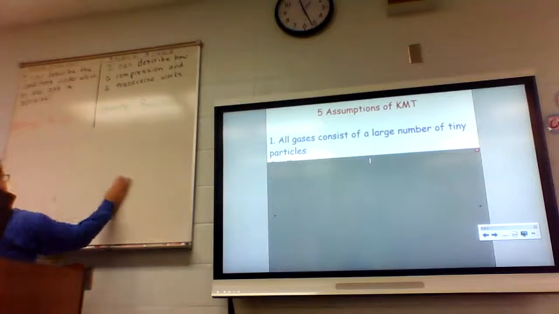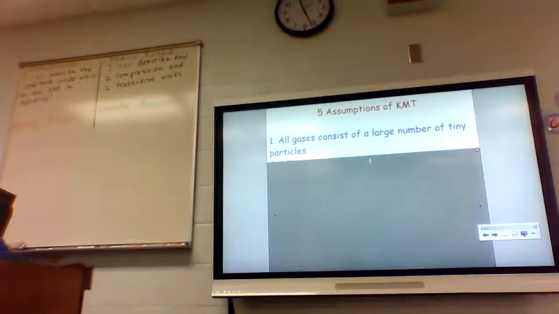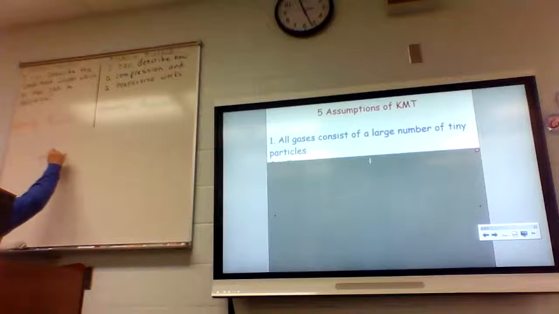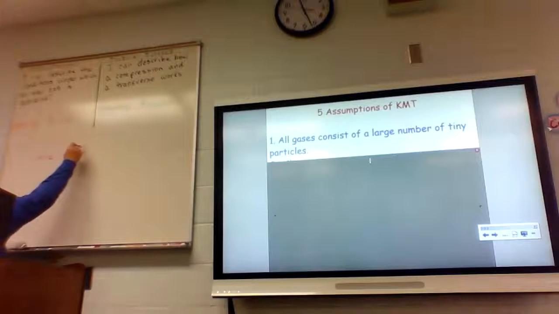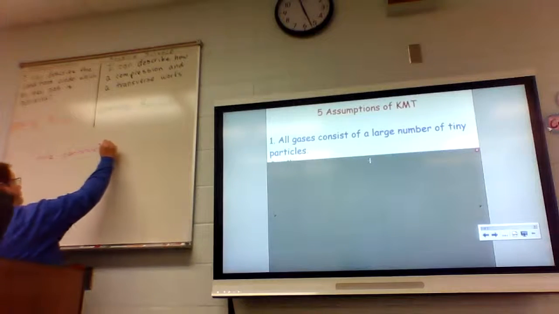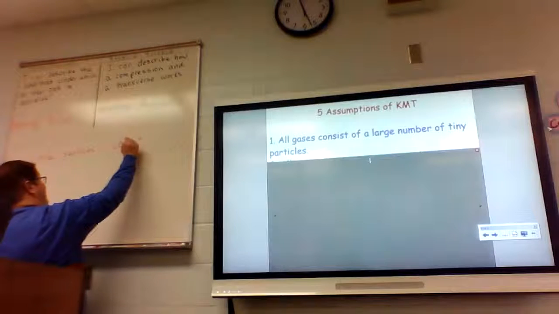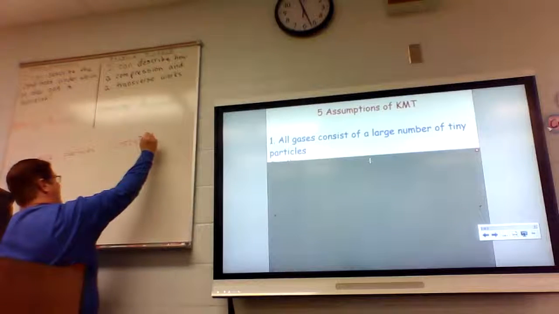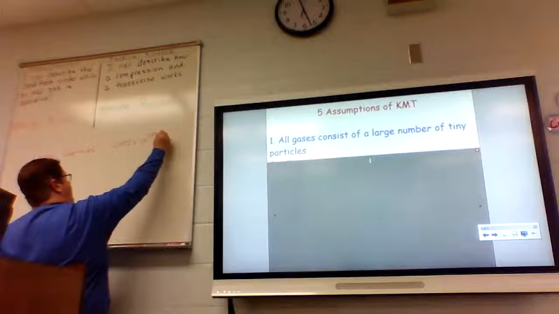Next to number 1, after you write that, I might choose 1 mole of particles to calculate with. Well, what do we know about 1 mole? How many particles is that? 6.022 times 10 to the 23rd. Now, is that a lot of particles? Yeah, that's a whole lot of particles.